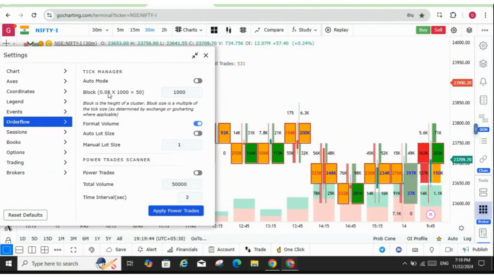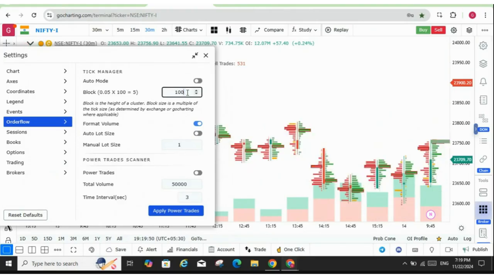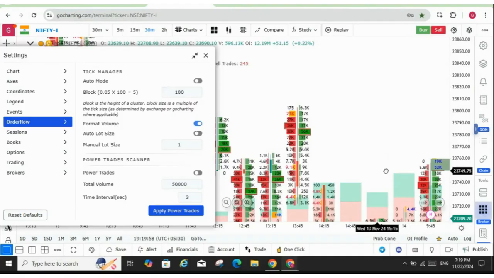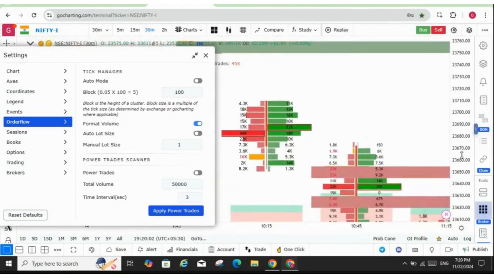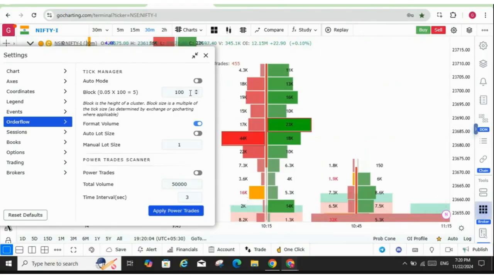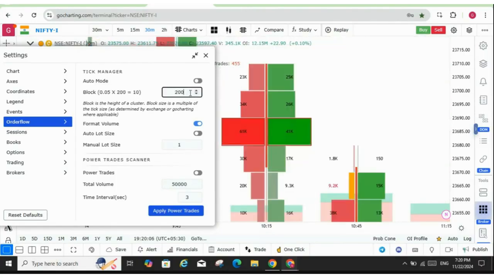See guys, every tick for Nifty is 5 paisa. Okay, so you multiply with a number, say for example 100, we have multiplied with 100. Now what is the block size? Block size is 5. So what does that mean? Let us try to understand this. So if you see, I'll put it 200. It'll be much better. See, so the block size is 10.